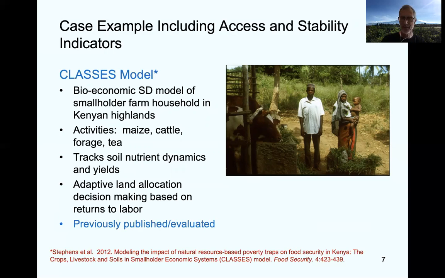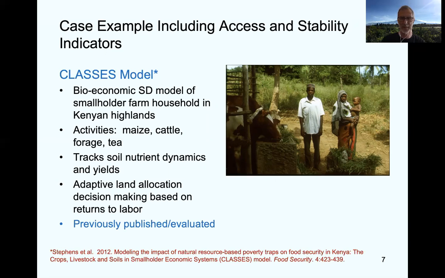It actually has some very important biophysical dimensions to it in that it tracks soil nutrient dynamics and crop yields.